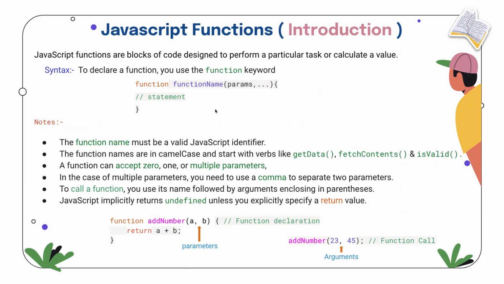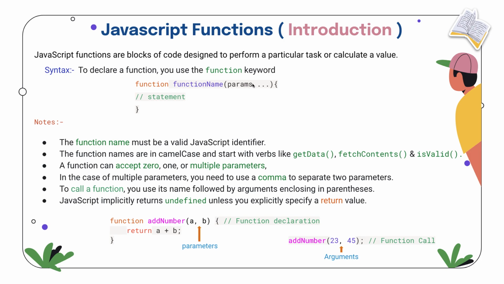Now next, let's go for the introduction. So what is a function? As I discussed, it's a block of code or a set of statements used to solve specific problems, right? And it can be reused, as I discussed previously. We can create a function using the keyword function, a space, the function name, an open parenthesis and a close parenthesis.